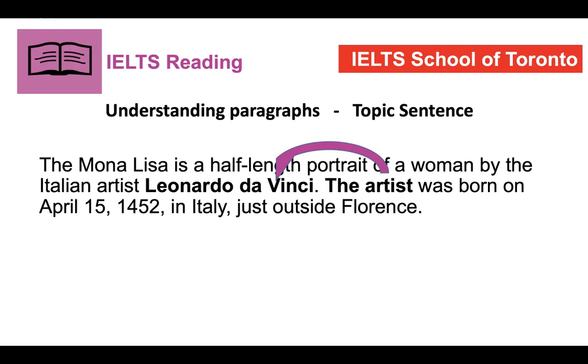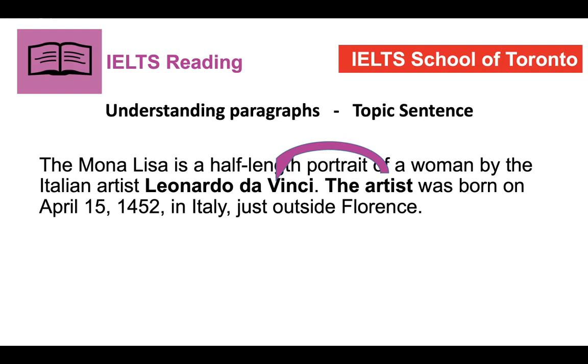We need to read the third sentence, and in the third sentence, the author will go back either to Mona Lisa or to Da Vinci. So what I want you to understand here is to read the sentences one by one. That's the first thing. When you read the first sentence, ask yourself, what is this sentence about? What's the focus here? The subject is very important.